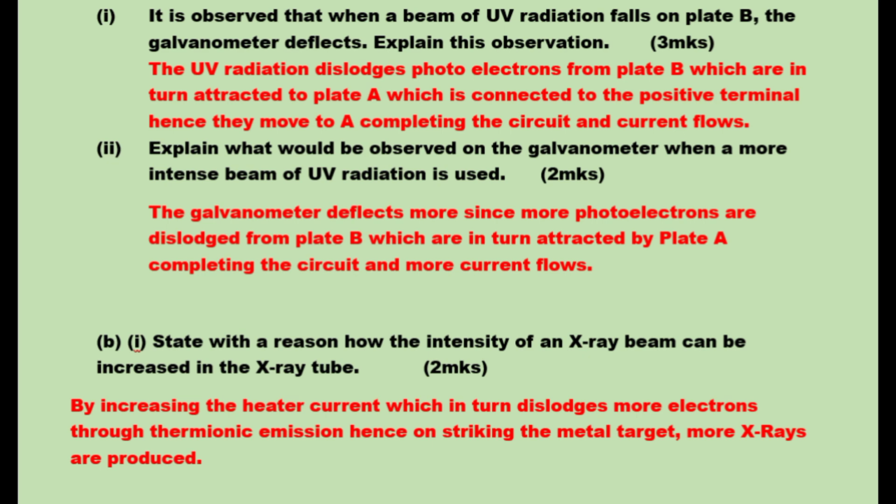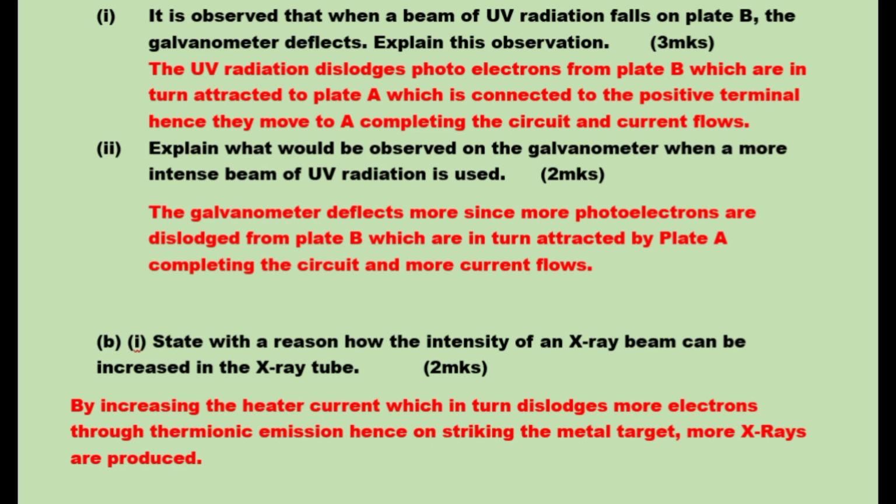So if you want to increase the intensity of the X-ray beam, you increase the heater current, the keyword being heater current. When you increase the heater current, the cathode is heated more and dislodges more electrons. And when more electrons are emitted, they strike the metal target, and then more X-rays are produced.